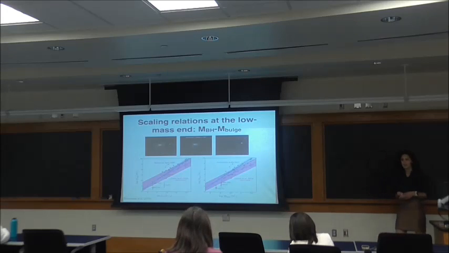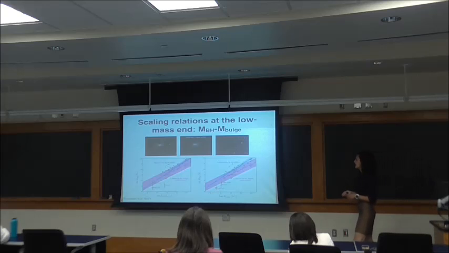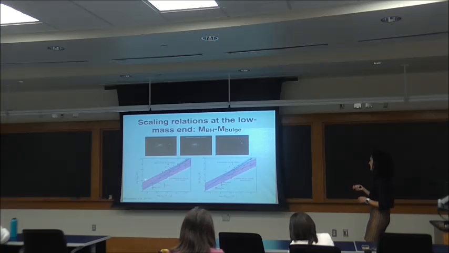Sorry, where is the Milky Way? Is the Milky Way also undermassive or low? I don't know what I would call the bulge mass of the Milky Way, but if you go by total mass, maybe it'd be around here.